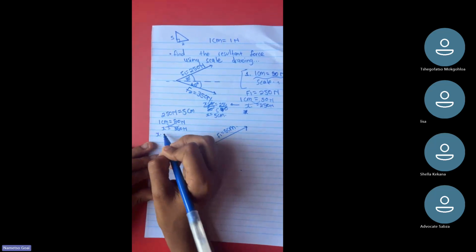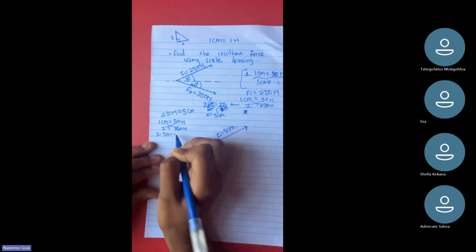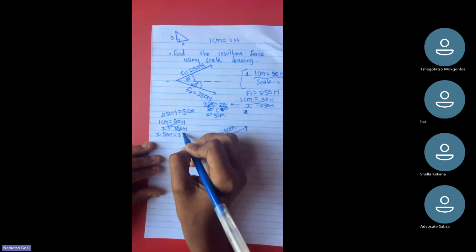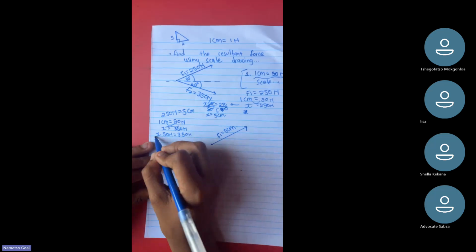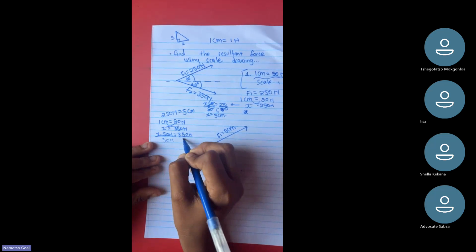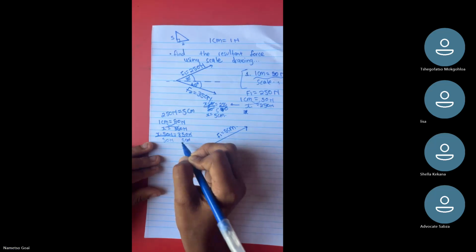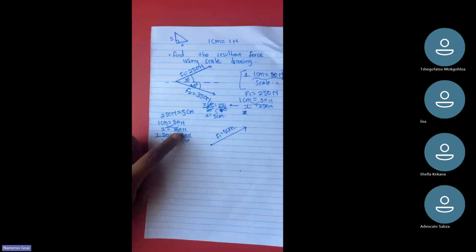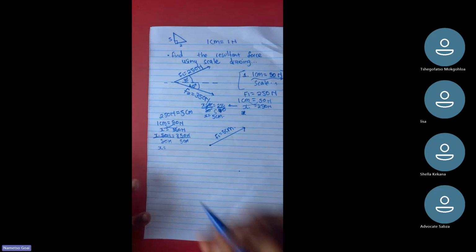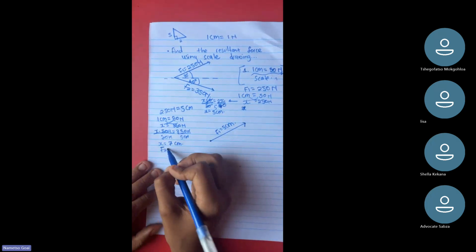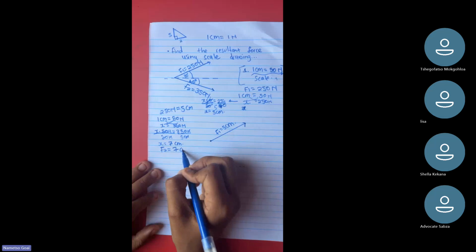So you're going to have X times 50 equals 350. So you're going to divide both sides by 50. So our X will be equal to, what is 350 divided by 50? 5, 10, 15, 20, 25, 30, 35. It will just be 7 centimeters. So which means our F2 will be equal to 7 centimeters.